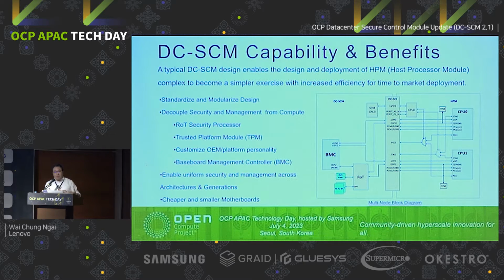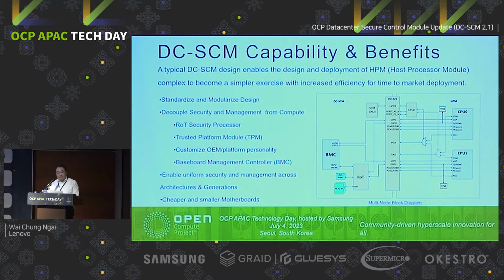So from both the buyer side and the supplier side, we have very strong motivation to support this decoupling of security and server management capability through the server hardware management subproject under OCP, which is the topic I'm covering today, the DC-SCM.